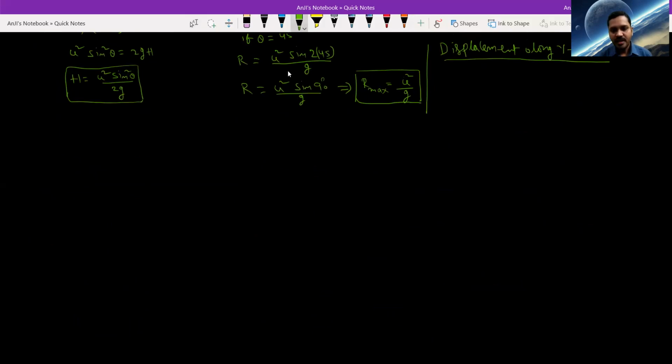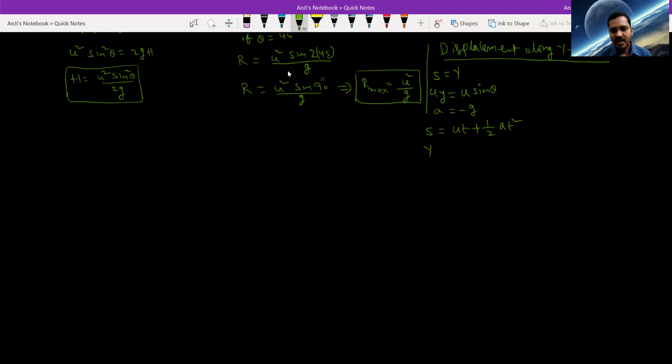S is equal to y, and velocity along y direction is equal to u sin theta, and acceleration a, we know, is minus g. Now these three values I am substituting in the same equation, S is equal to ut plus half into at square.